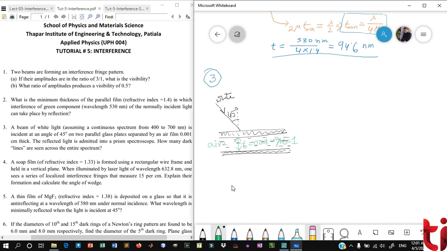Now with this setup, what will happen? White light coming in, some part would get refracted into this medium, and then it will be reflected back from the lower glass plate and then transmitted into the medium, and then some part will be reflected right from here.